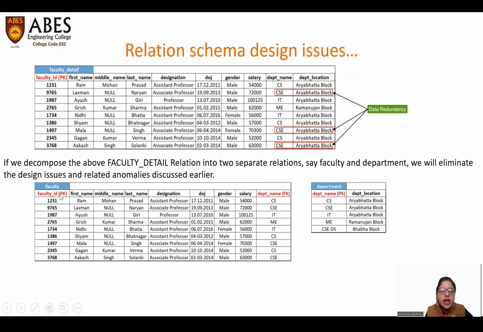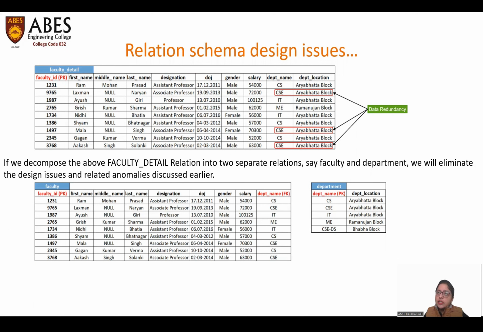Under faculty, we have faculty ID, first name, middle name, last name, designation, date of joining, gender, salary, and department name, where this department name is a foreign key that comes from another table, department. Here department name is the primary key, and we also store its location.